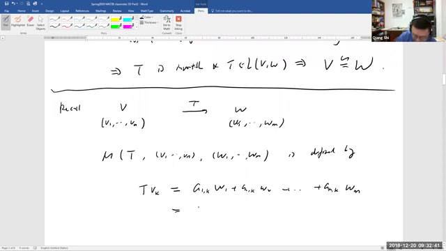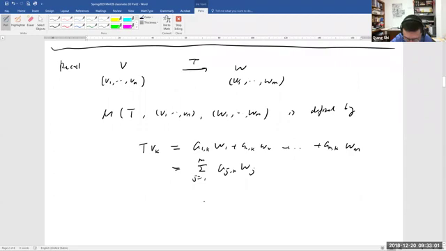Remember the sigma notation we used before: the sum over j from 1 to m of Ajk times Wj. That's our definition of where those A come from.